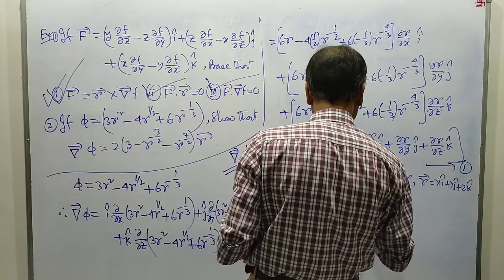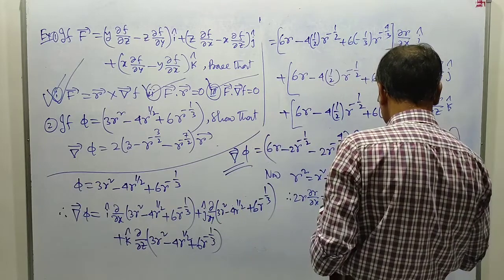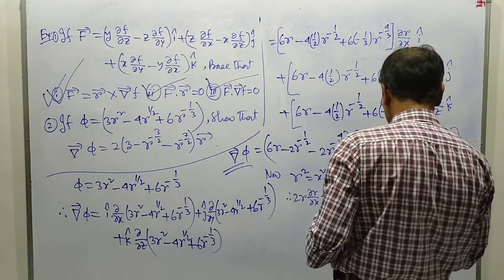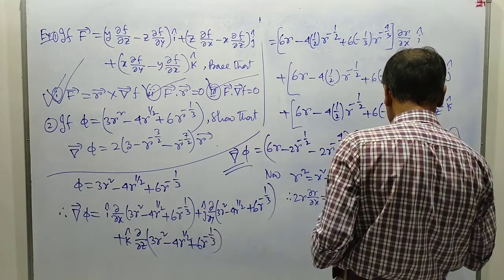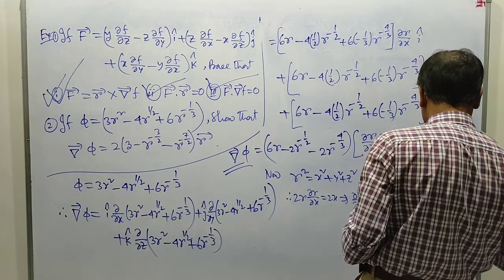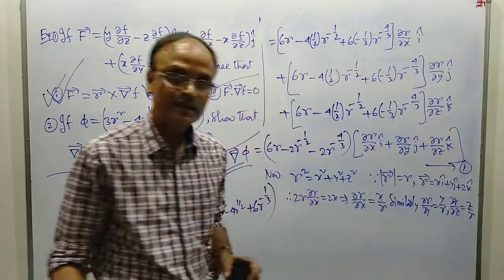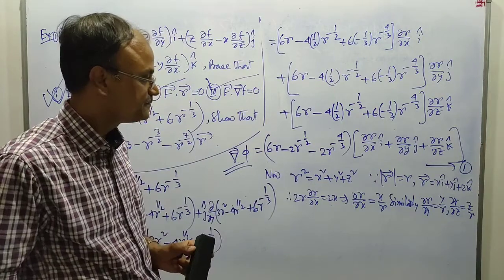This means ∂r/∂x equals x by r. Similarly, ∂r/∂y equals y by r, and ∂r/∂z equals z by r.